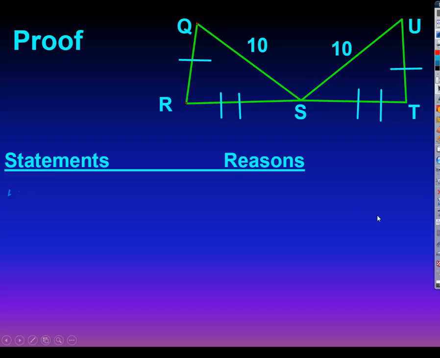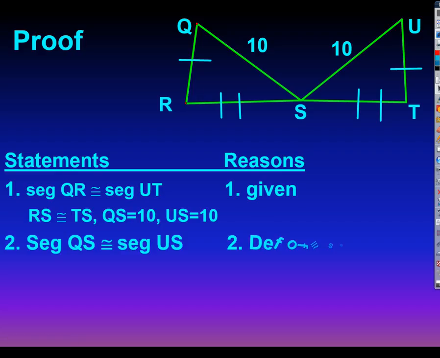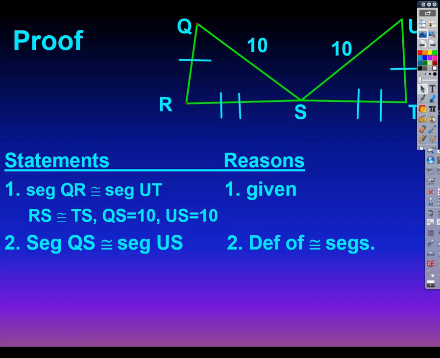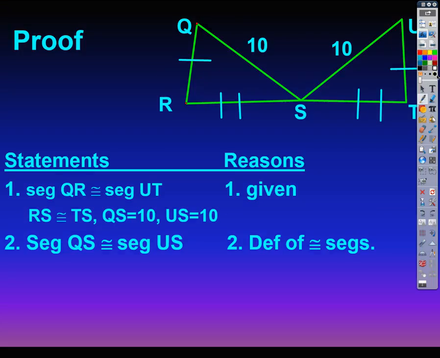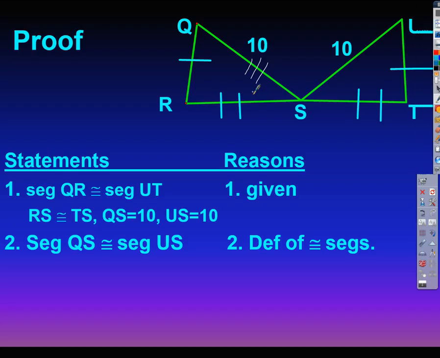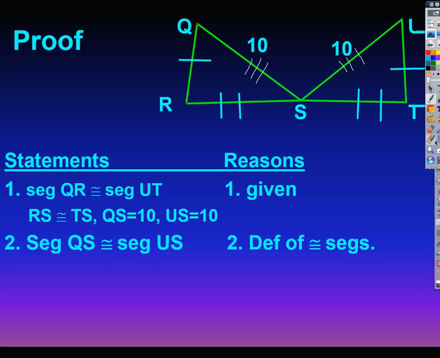Well, they gave me 2 segments being congruent, and they gave me 2 lengths equaling 10. So then all I'd have to say is that segment QS is congruent to segment US by definition of congruent segments, and then I'm essentially done.